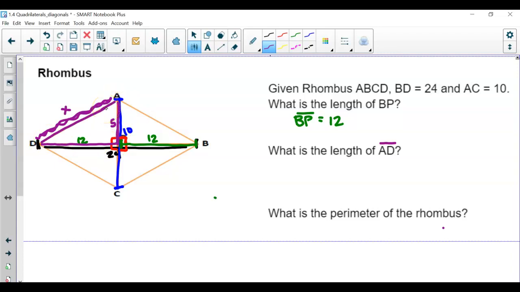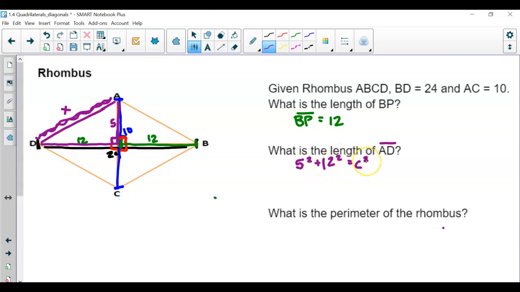What shape did we just create by focusing on those pieces of our diagonal? A right triangle, because they're also perpendicular. How do we find the third length of a right triangle when we're given the two sides? Pythagorean theorem. 5 squared plus 12 squared is equal to c squared.